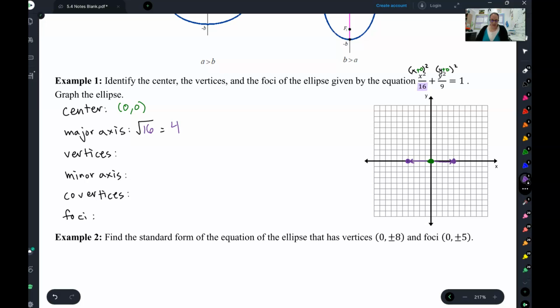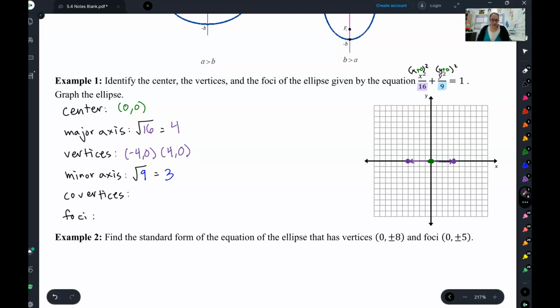So now I can say I have vertices at negative 4, 0 and positive 4, 0. So now let's do my minor axis. That's the smaller number. Once again, it's always the square root. So the square root of 9 gives me 3.